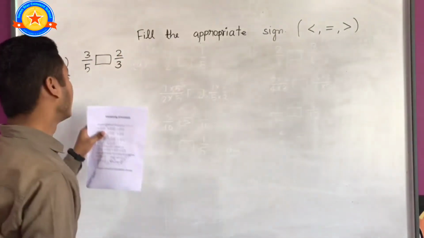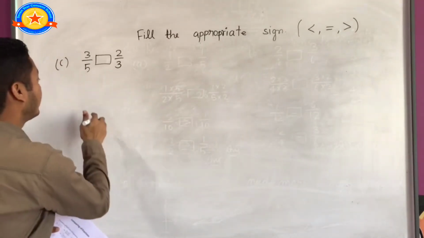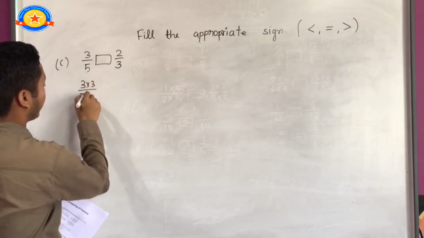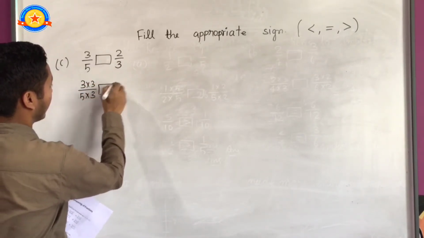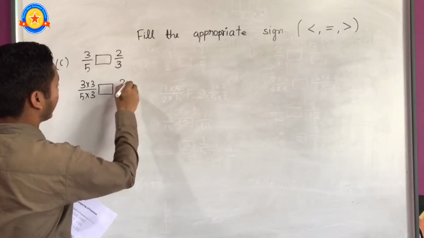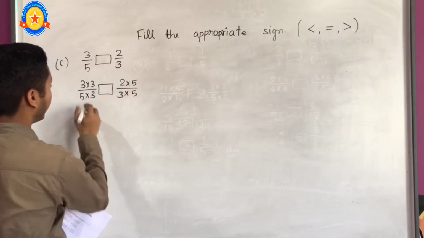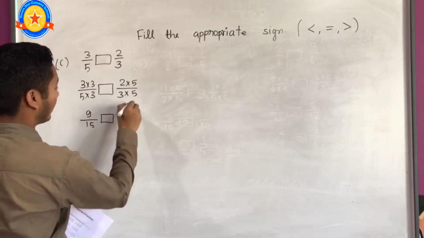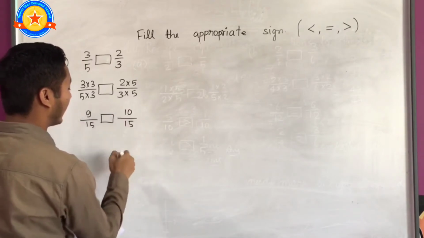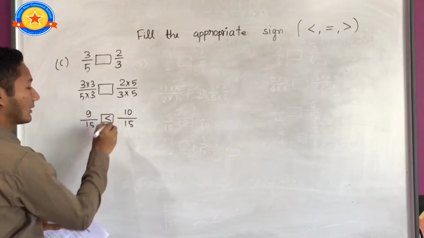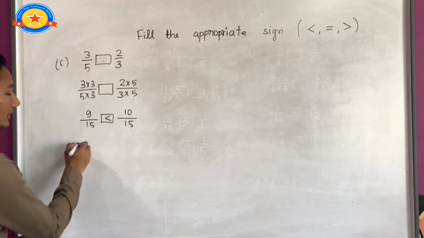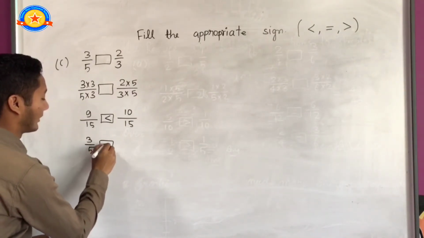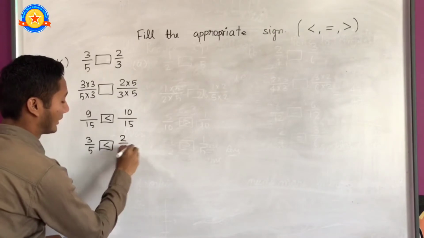Again students, we need to first make the denominator the same. 3 by 5 multiplied by 3 and 2 by 3 multiplied by 5. Then it becomes 3 into 3 is 9, 5 3s are 15, 2 into 5 is 10, 5 3s are 15. Now we can say 10 by 15 is greater than 9 by 15. Now in original form, 3 by 5 is smaller than 2 by 3. This is our answer.